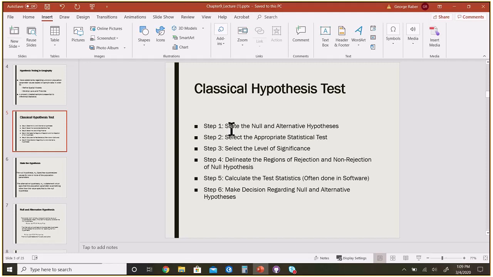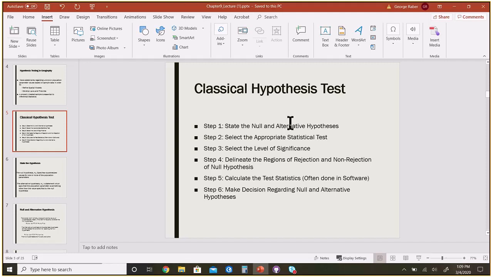All right, so for each one, we have to understand for a specific test, there's a specific null and alternative hypothesis. So however we're coming at it, the first task is to state the null and the alternative hypothesis. And then identify the appropriate statistical test. These are almost grouped together, okay? The statistical test that you choose will have an impact on what the null and alternative hypotheses are, and vice versa.